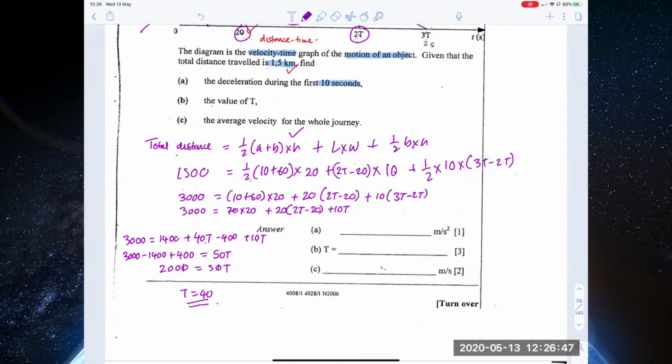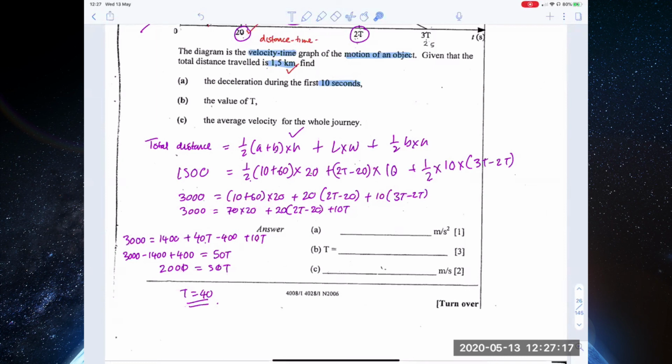Okay, let's just check in case we made a mistake somewhere. This one is half a plus b times height, that is correct. And then 2t minus 20 times 10 is correct. And then half times base, this is the height. The base is t, which is correct. Then multiply by 2, get 3000. This remains 20 because that goes.